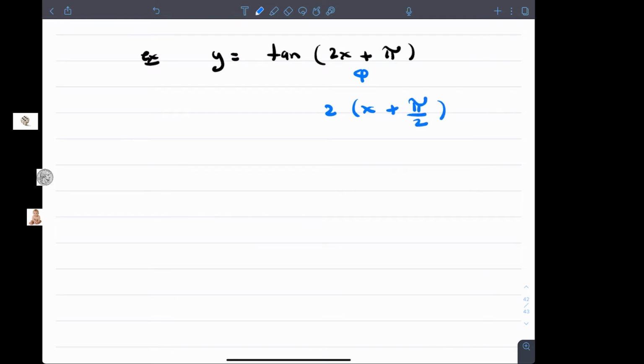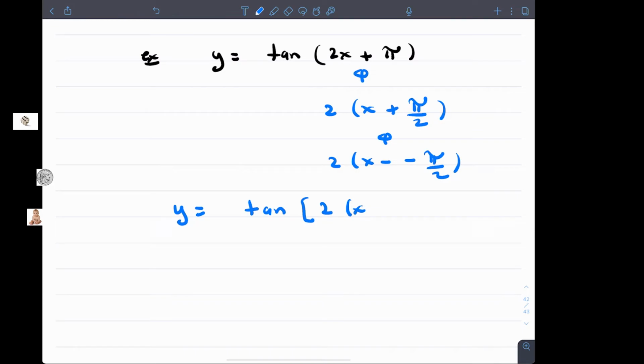We did that factoring yesterday. And then, if you're really awake, x minus 8 minus what? Pi over 2. So you really have tangent of 2x minus a minus pi over 2.